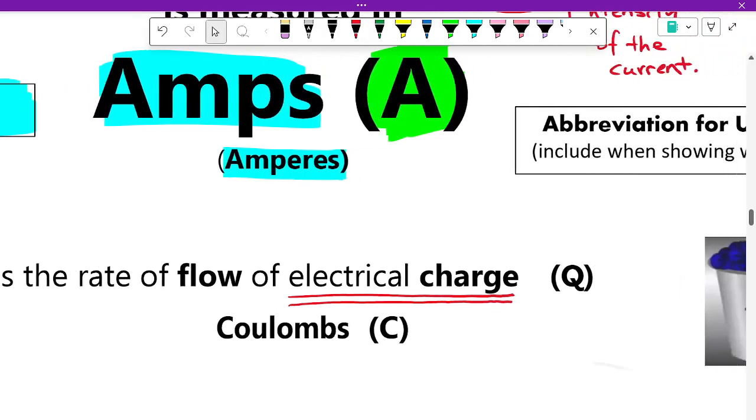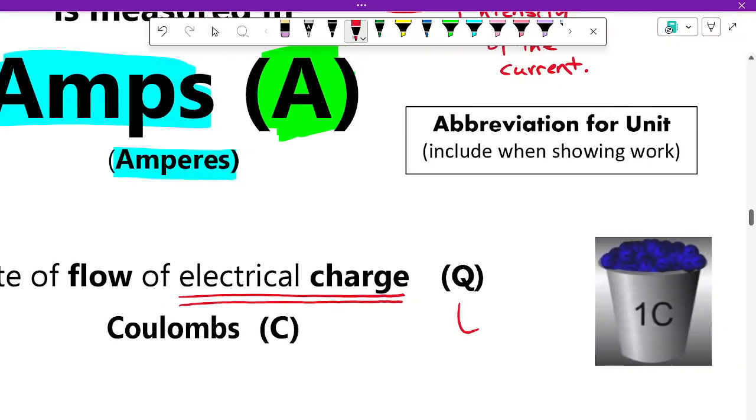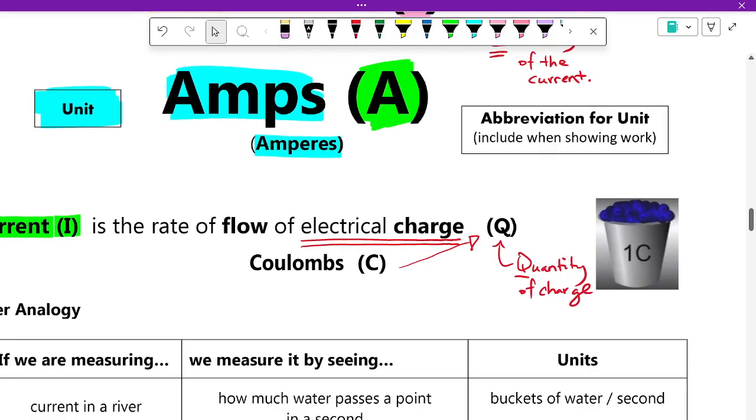Q, because remember, what does the Q stand for? It stands for the quantity of charge. And Q is measured in coulombs, or buckets of electrons.